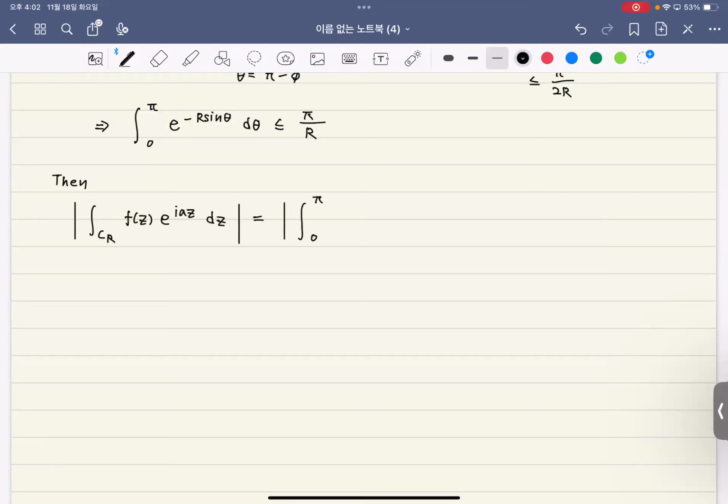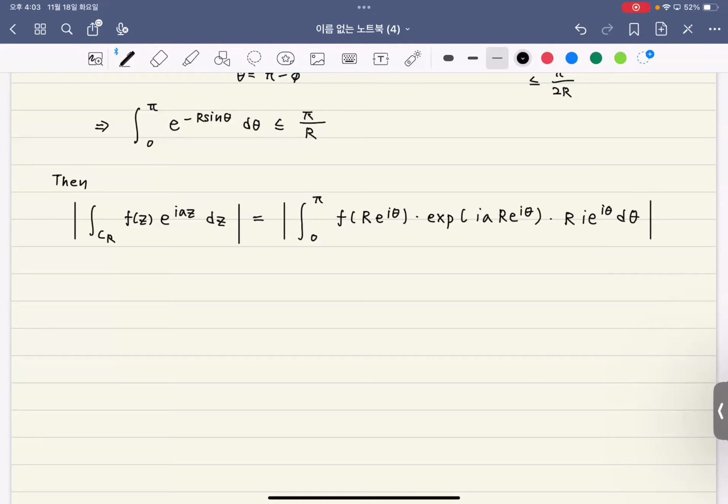Because of my parameterization of the circle C_R, it is f of r e to the i theta times exponential i a r e to the i theta, times dz, which is simply r times i times e to the i theta d theta.